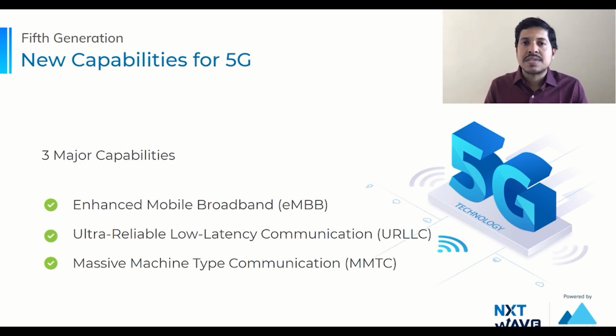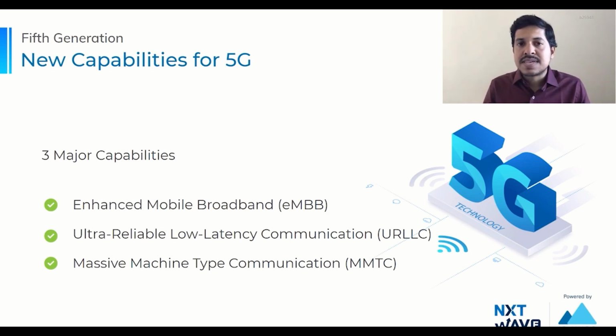The second use case was URLLC or ultra reliable low latency communication, which is all about enabling reliable millisecond level connectivity between the network and our devices, any device that connects to the network. And this is to enable use cases that need such low latencies, tactile internet connectivity, or to enable the factory automation and robotic teleoperation kind of use cases.